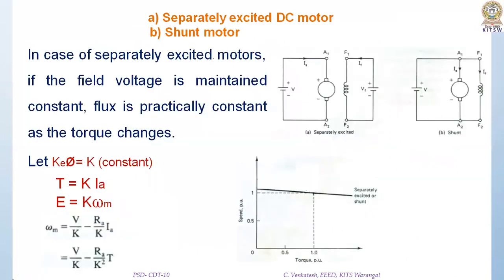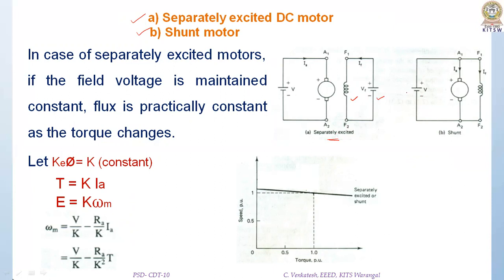Now those basic equations can be applied to individual motors and analysis can be performed. For example, separately excited and shunt motors I am considering together, because in this case flux is almost constant. For a separately excited motor, the field winding is supplied with a constant DC voltage, therefore IF is constant and flux is constant.